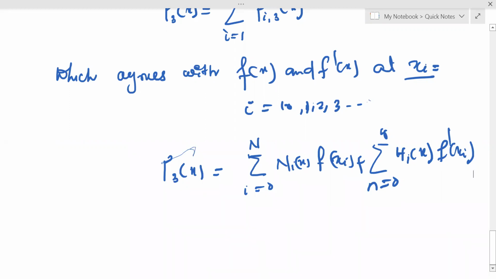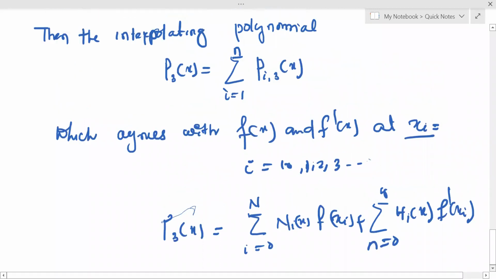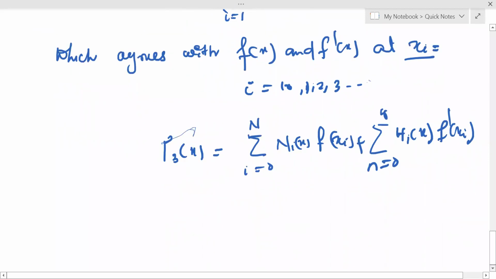In the equation P3(x) equals summation of, the second part, summation from n equal to 0 to capital N. The upper limit of the second summation is small n, and the first is capital N. Small n and this is capital N, both natural numbers, but the end point is different.